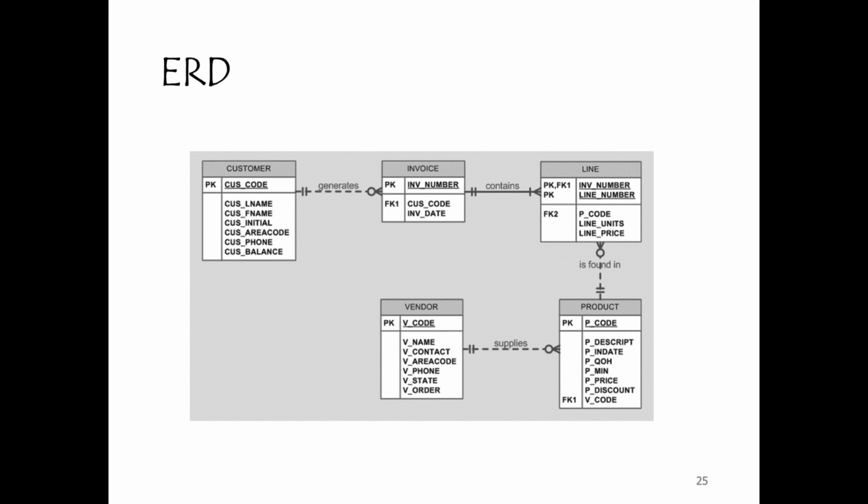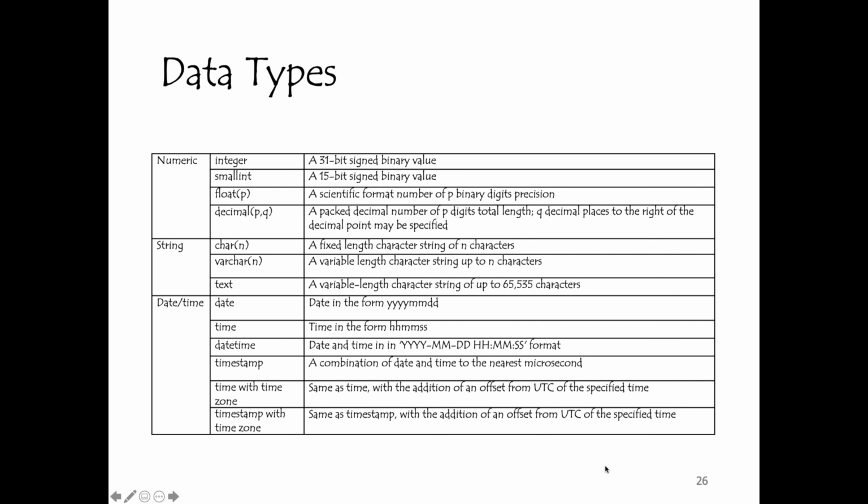If you look at your class notes, there are all the available data types in the database. Here is a summary table. In general, we look at data in three different categories. The first one is numeric, the second one is string, and the third one is date and time. For each category, there are a few data types you can choose. For example, integer is a 32-bit signed binary value, and if you need more, you may want to use a small integer.